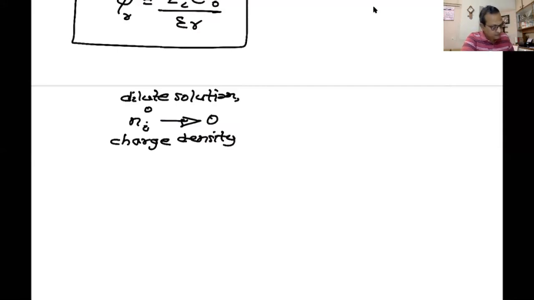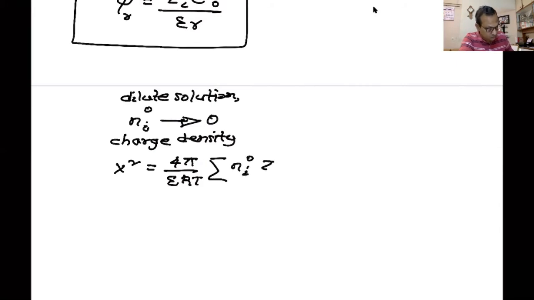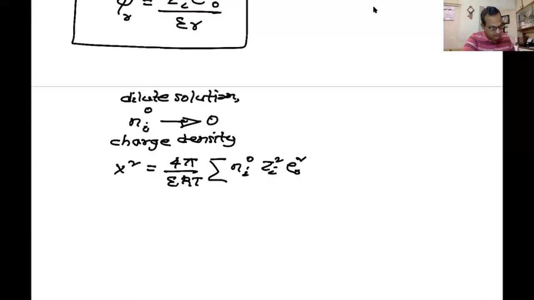My chi square is equal to 4 pi upon epsilon kT times the summation of ni0 zi square e0 square. Okay, if my n tends to 0, what will happen to chi? If this tends to 0, obviously my chi square will tend to 0.